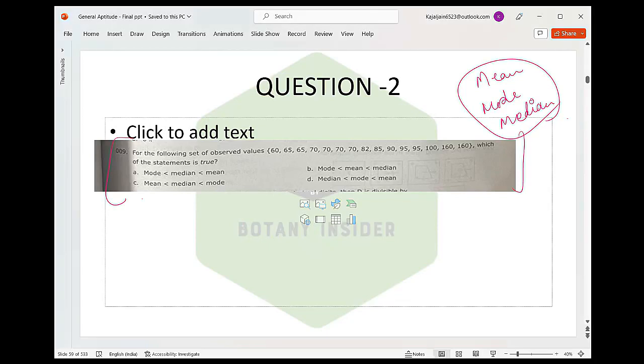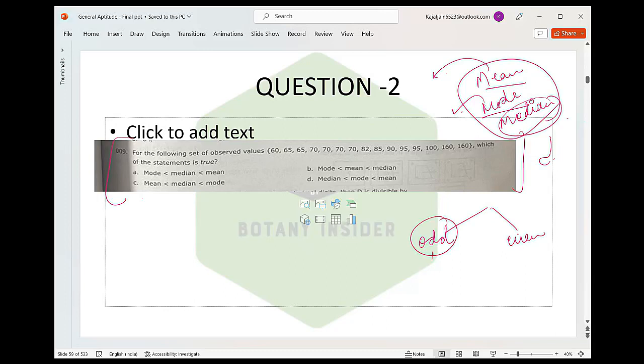Done, everyone? For the following set of observations, you need to find out which of the following is true. What is mean? Mean is the average, right? Mode is the highest occurring value. Median depends upon whether the number of observations is odd or even.